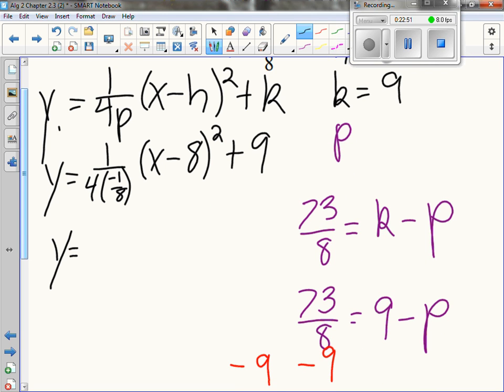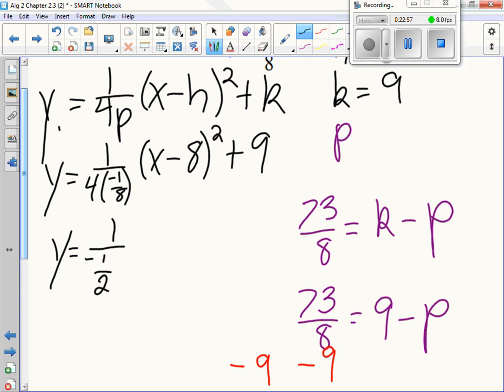So what's 4 times -1/8? Because 4 times -1/8 will give us a half. It'll give us a fraction, yes? We can't have a fraction inside of a fraction.